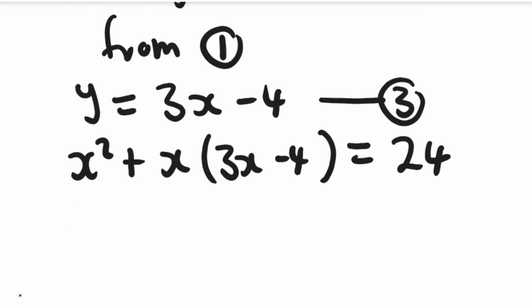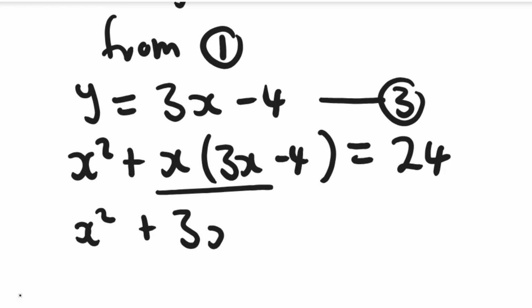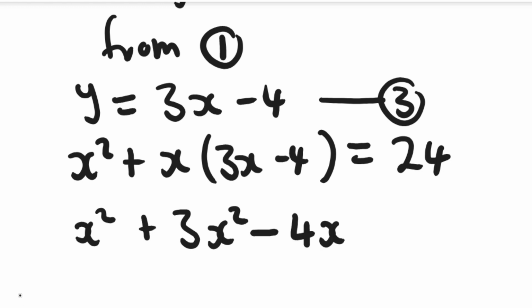Now we simplify the bracket and write this as x squared plus 3x squared, and then we have plus x multiplied by minus 4, which is minus 4x. This is equal to 24.